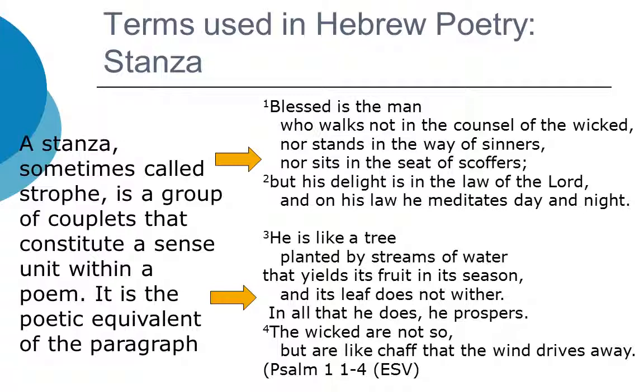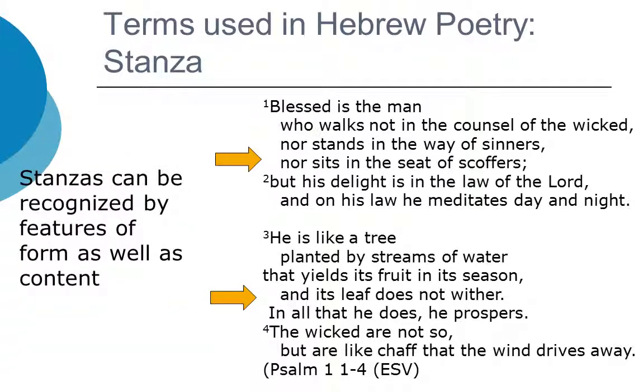In Psalm 1, following the ESV breaks, we have two stanzas. Psalm 1 verses 1 and 2, one stanza, verses 3 and 4, another stanza. Not only is it content, but also it's by form as well. In other words, a poetic form would also at different times indicate the stanza breaks.